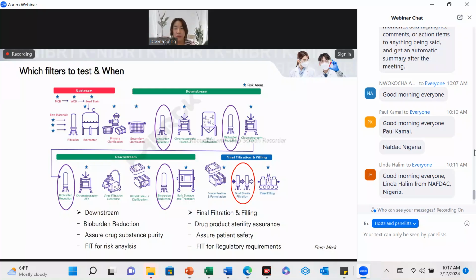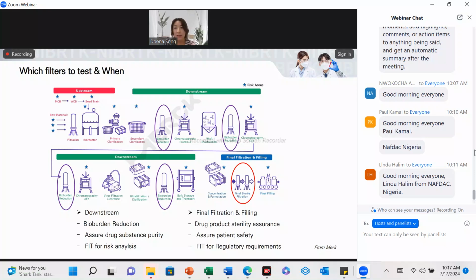By reducing bioburden, we can ensure the purity of the product. During this stage, a filter integrity test is conducted for risk analysis to ensure the filters are functioning correctly and maintaining the desired level of purity.